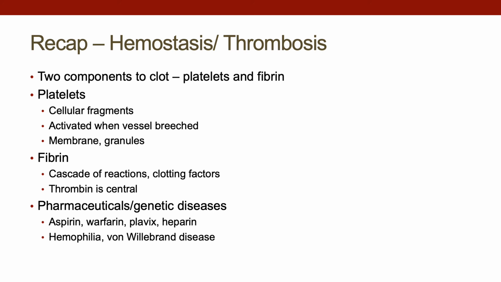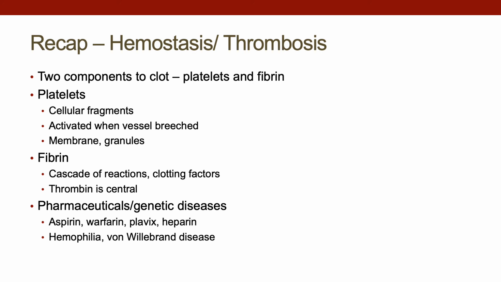Aspirin affects the eicosanoid pathway in platelets. Warfarin affects the vitamin K pathway that's involved in gamma carboxyglutamate modification of clotting factors. Plavix is affecting the ADP receptor in platelets, and heparin is affecting antithrombin.